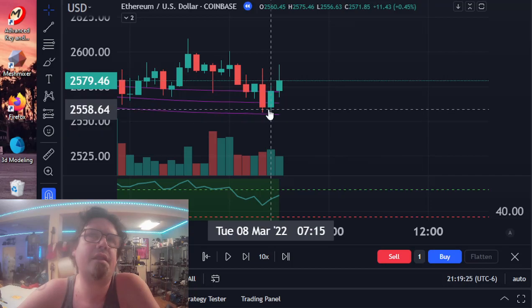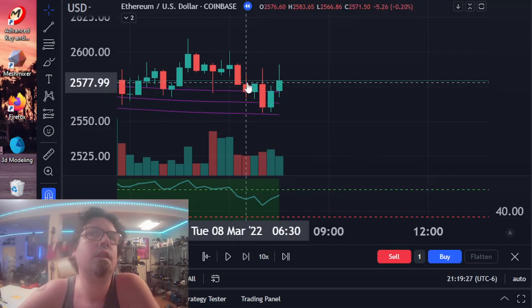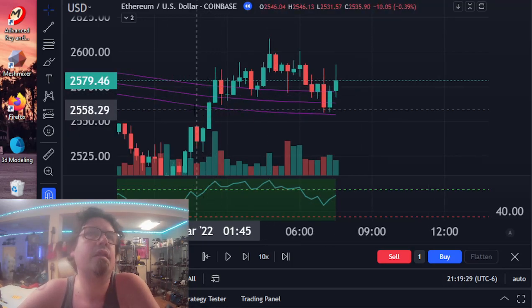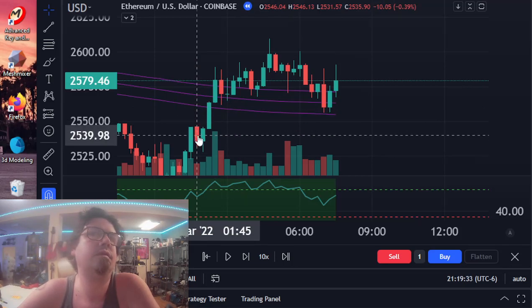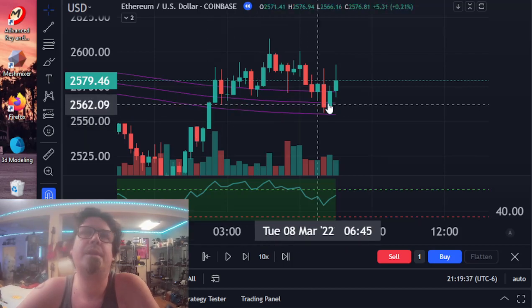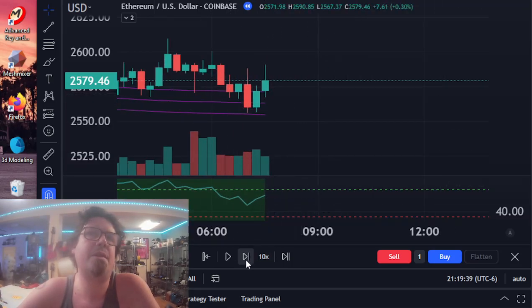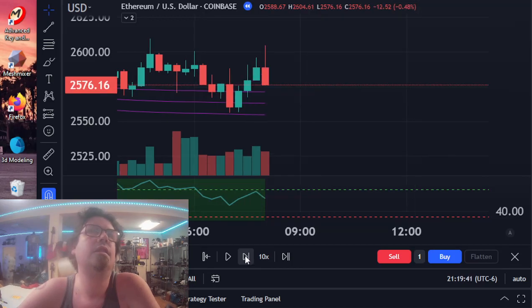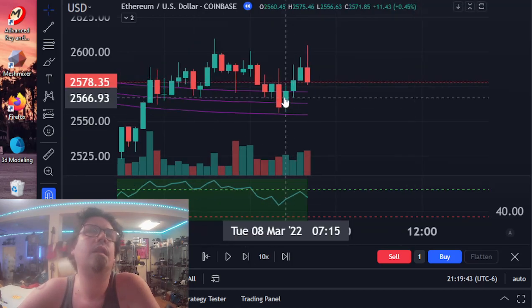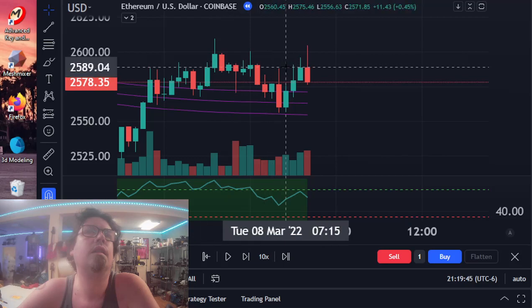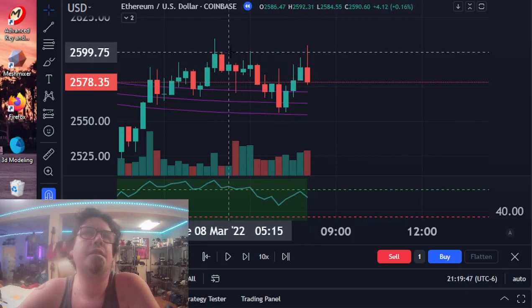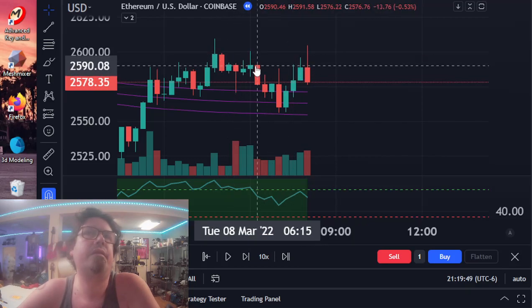That's VSA, but no divergence. I mean, technically there's a divergence here, but again, that's a bullish divergence, or a bearish divergence. That doesn't really fit.